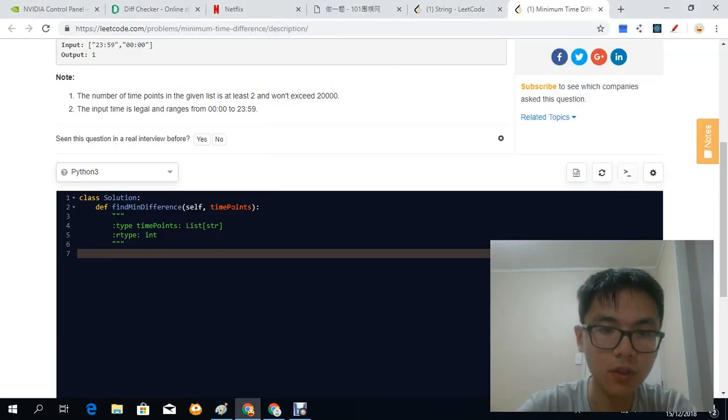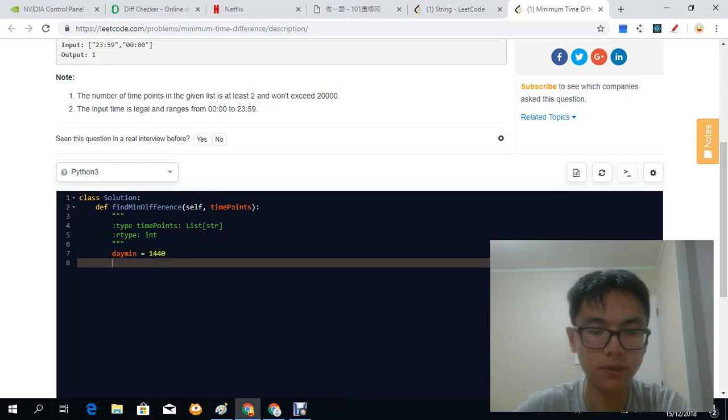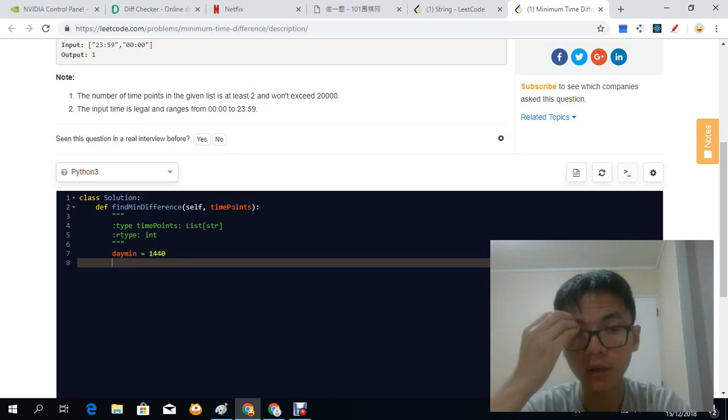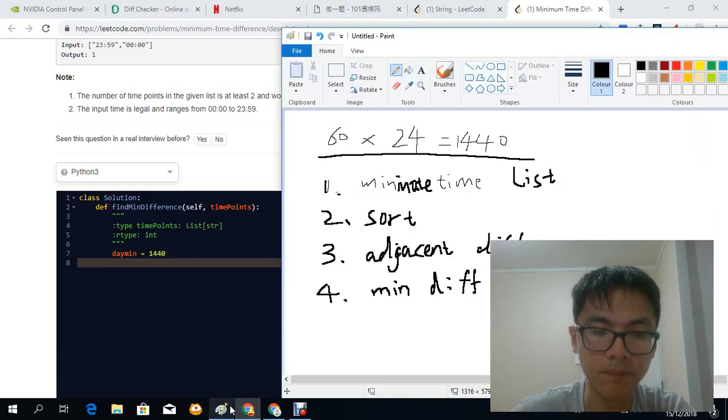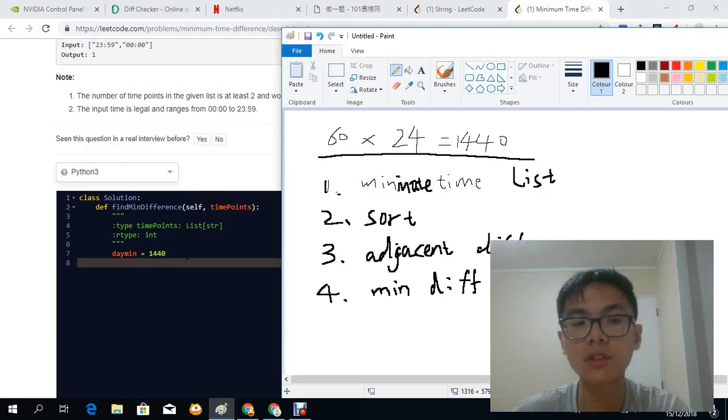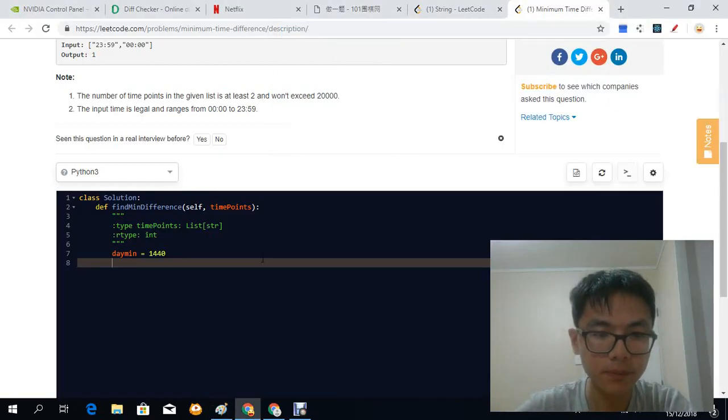Okay, so we first create a magic number called day minutes, 1440. Why do we need to do this? Because sometimes we need to use this value to get the difference, because the difference is not just simply minus sometimes.